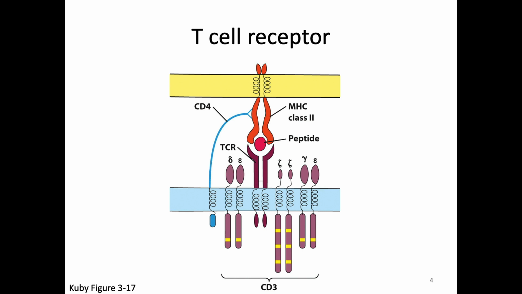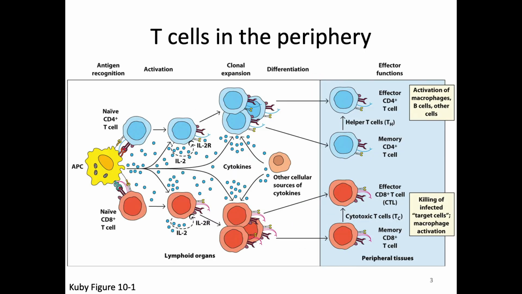And we talked about the importance of the ITAM in the cytoplasmic domain of CD3, and the co-receptor, either CD4 or CD8, that will be binding to the MHC. So a big part of what we're going to talk about today is what happens in the T cell as a result of this interaction in order to help the T cell get activated. In that sense, we're zoomed in on this interaction that is being shown right here.